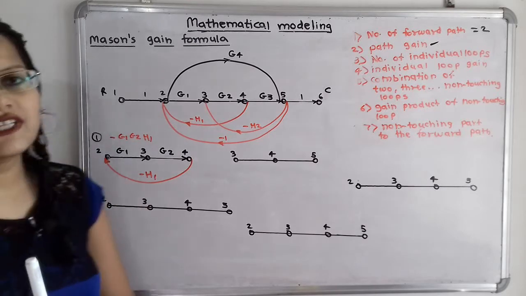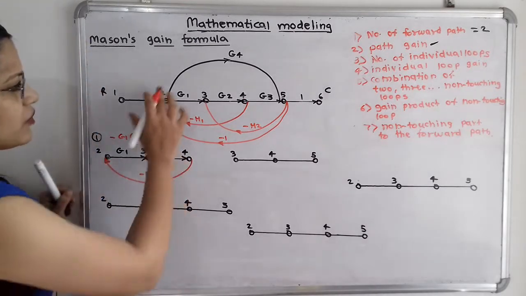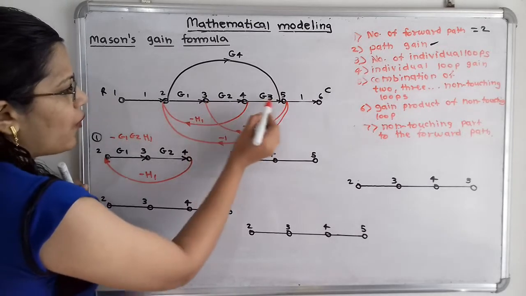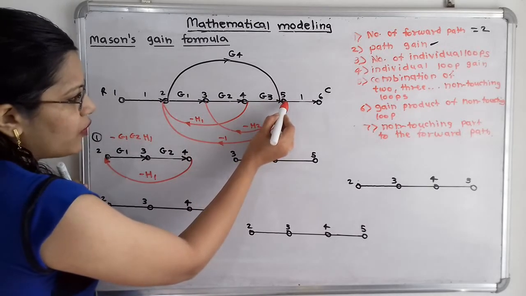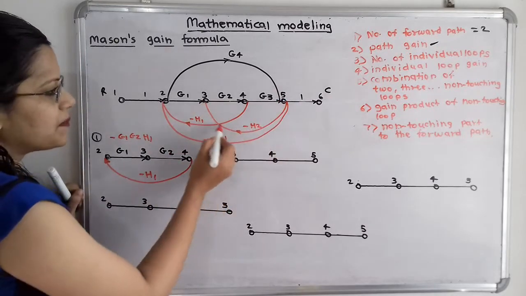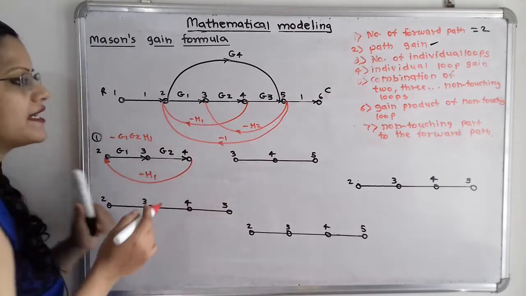Now we will move to the second loop. Again if we observe here, from node 3 to 5 there is the forward path, and again from node 5 back towards 3, because of this feedback path this loop is getting completed.